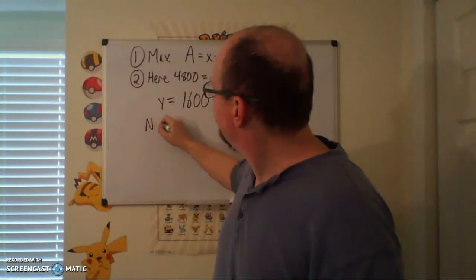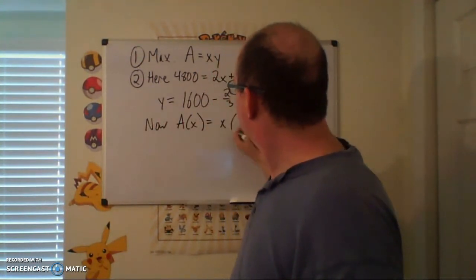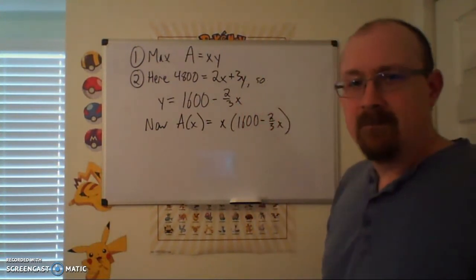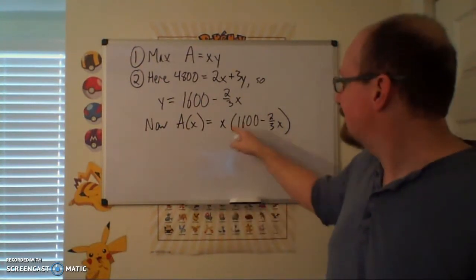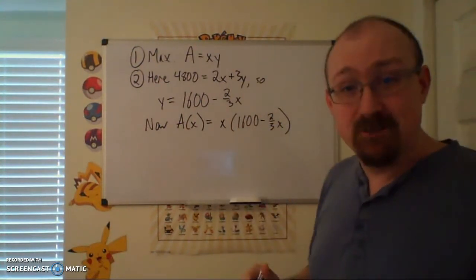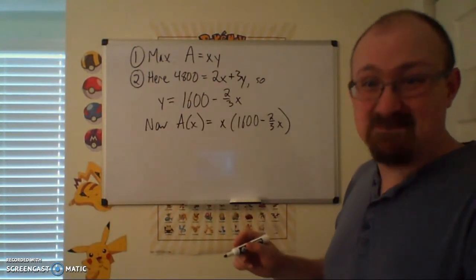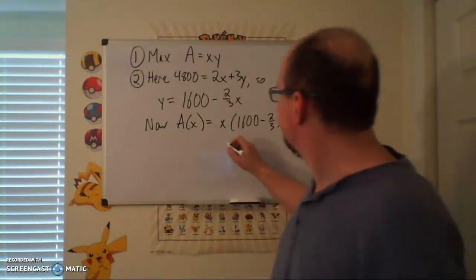So now that's what our objective function is going to look like only in terms of x: x times this guy, 1,600 minus 2/3 x. Usual algebra maneuver, I'm going to distribute the x because it's going to make the calculus easier that we've already seen that's going to come in the future.